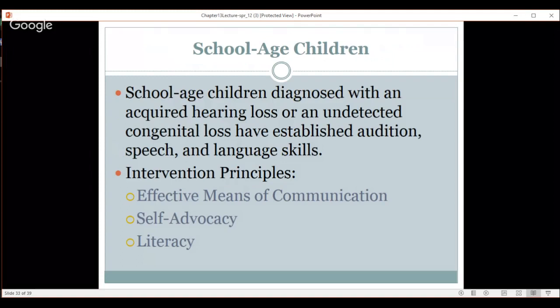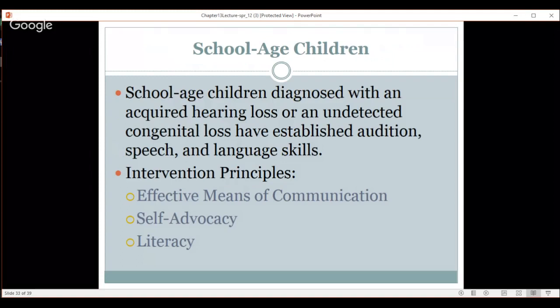And then looking at literacy, in this case, we're talking about more than reading and writing. It also includes thoughts, or the ability to think critically and reflectively and to use language to solve problems and reason. Children who have hearing loss often exhibit weaknesses in their language base, and so therefore literacy is often compromised.